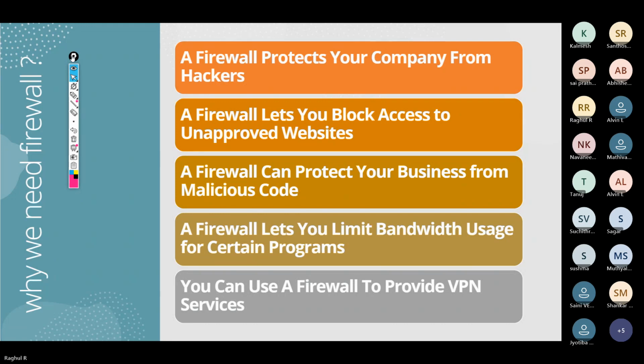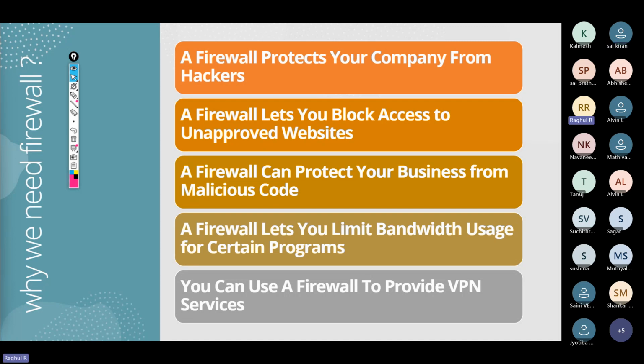Sir, hello. Yes. Sir, IDS IPS also will protect us from malicious activities, no, sir? So what is the difference between firewall and IDS IPS? Firewall is for your entire network. IDS IPS will also do it, but IDS IPS we usually use to monitor and analyze.